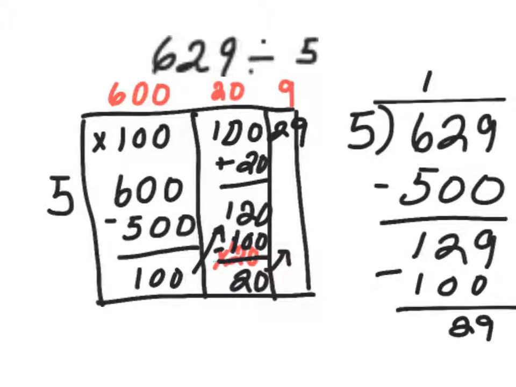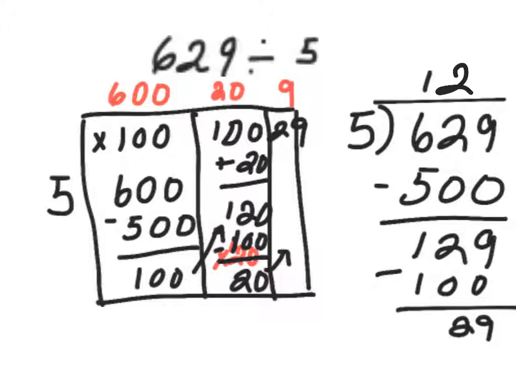Now it's a matter of finding a value that is 5 times a value that will allow me to subtract from 29. 5 times 4 is 20. 5 times 5 is 25. Oh, don't let me forget, I have 2 tens.